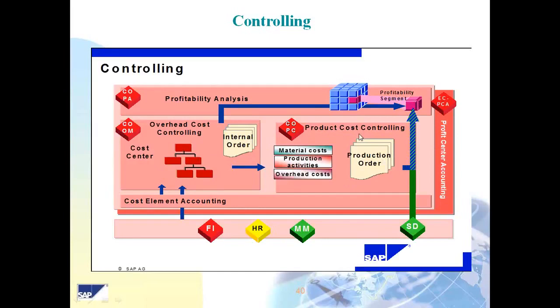So normally we maintain product cost controlling to evaluate many parameters. We can analyze what the cost of manufacturing is, and what the cost of goods sold is. Is it possible to produce a product which is going to be profitable or not?